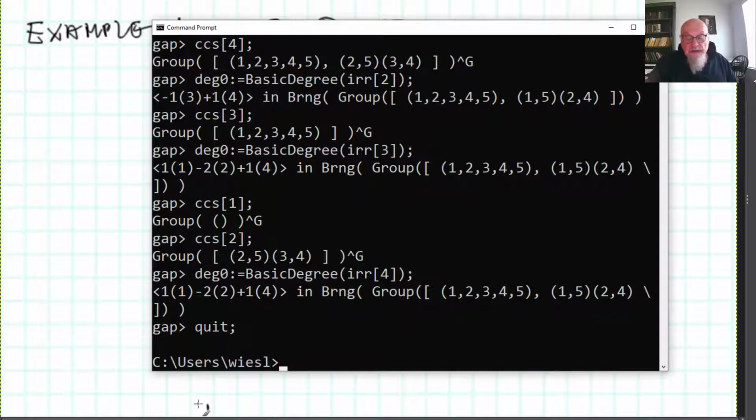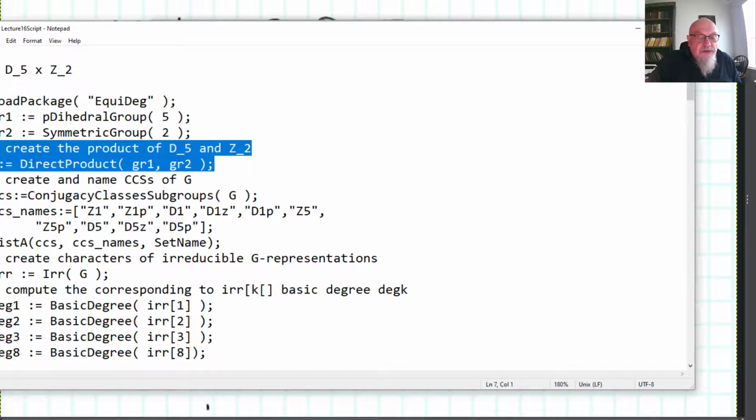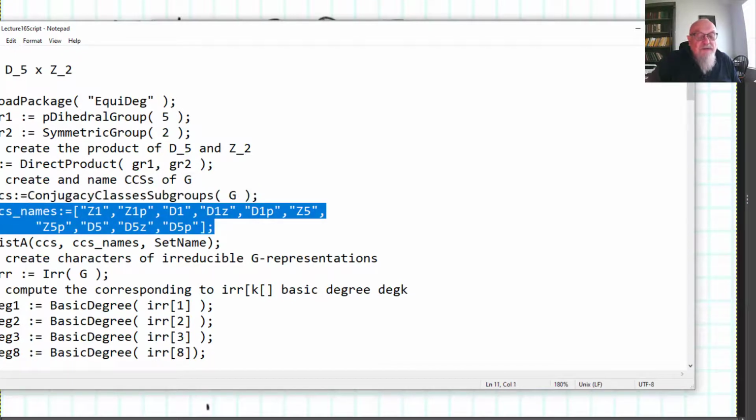Then let's go to the script, and you see what we are going to do: restart the GAP, load the package, then define the dihedral group D5 and the symmetric group on 2 letters, which is nothing else than Z2, and then we create the product, get the conjugacy classes of subgroups, give them names we recognize, and then associate these names with these conjugacy classes.